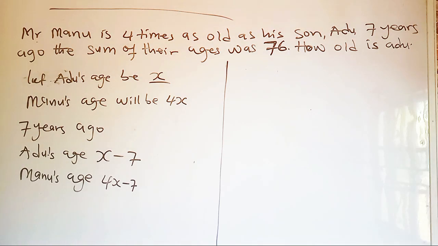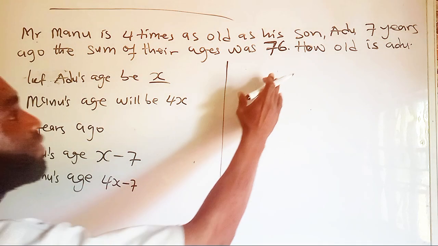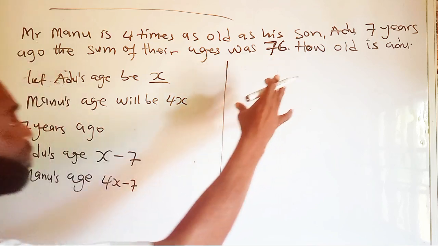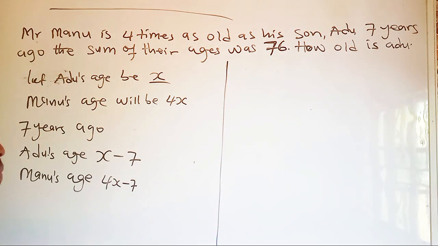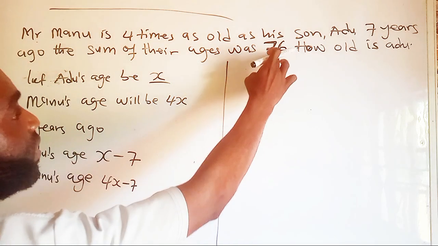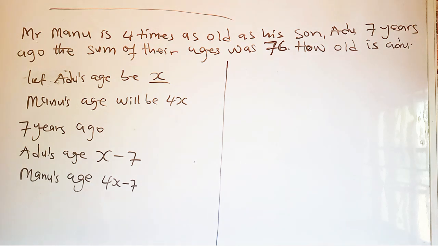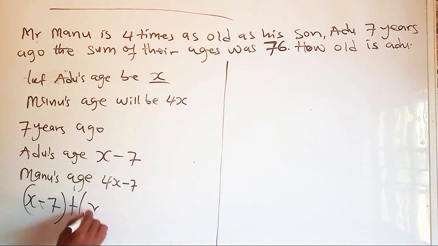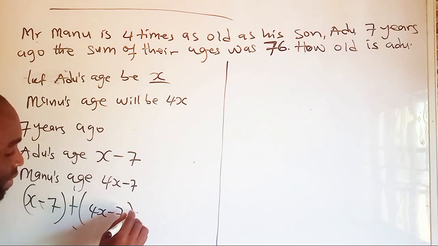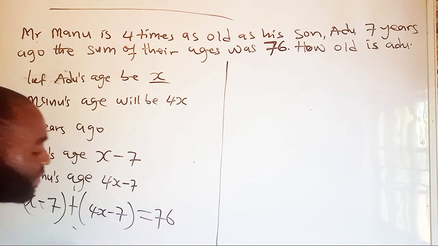So now, the question says that the sum means addition. When you add up their ages, you're going to have what? 76. Let's see how true it is. So x minus 7 plus 4x minus 7 will give us 76.